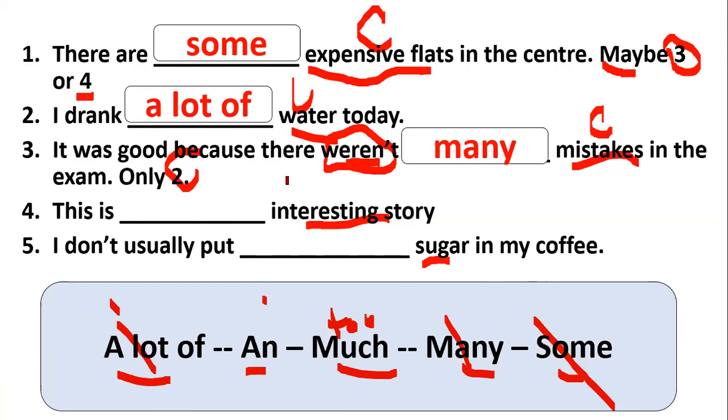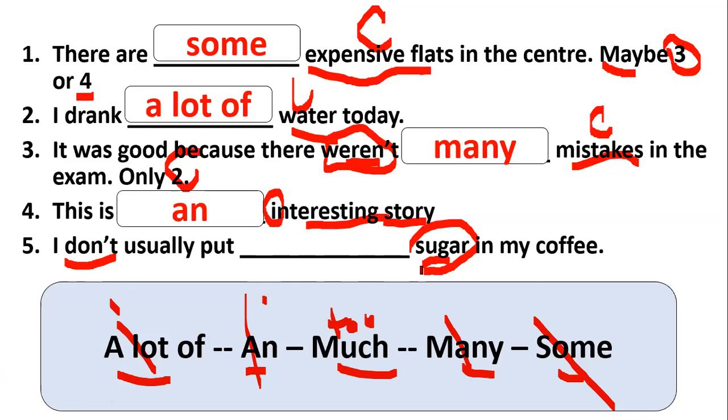Number 4, this is an interesting story. An interesting story, because you start with I. And the same as this one, this is negative. I don't usually put sugar.